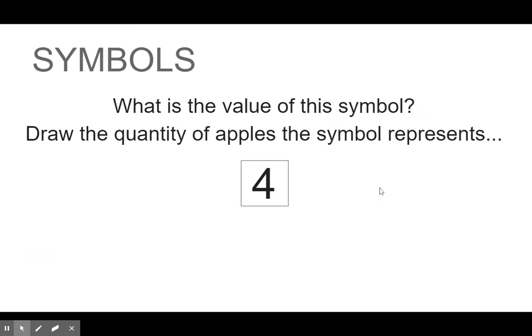So let's go ahead. That's our number system. So what's the value of this symbol? When you think of the symbols, just think symbol, symbol, symbols. Draw the quantity of apples that this symbol represents. Going to take a second there. Okay, most people probably came up with something like that, right?